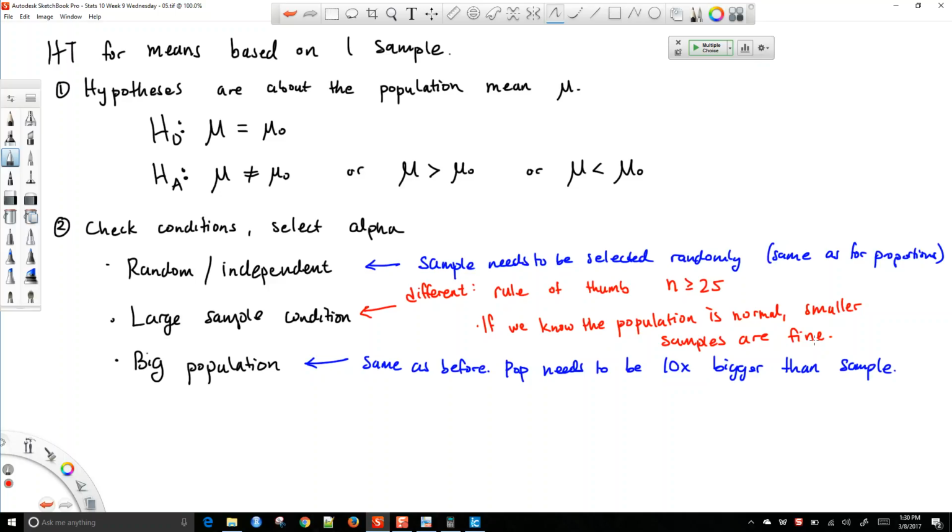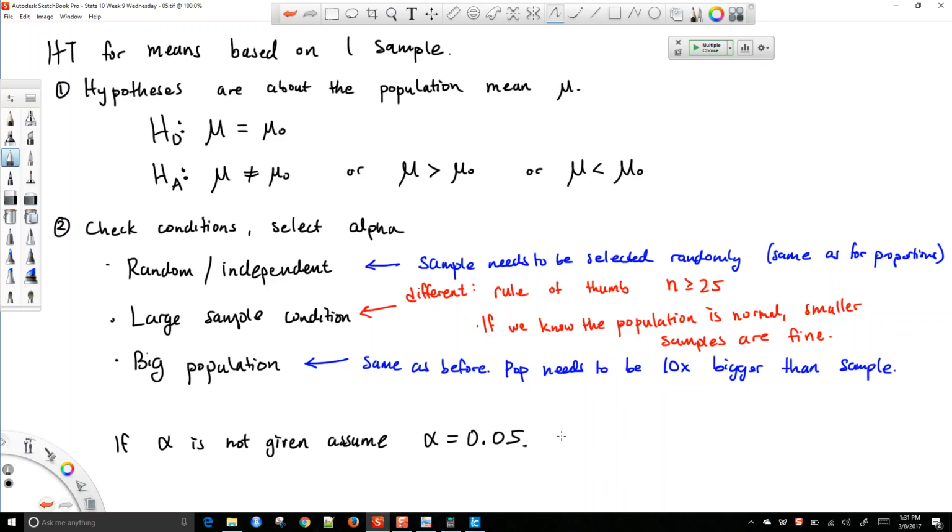Okay. All right, alpha, that works the same way as before. Okay. If alpha is not given, assume alpha is equal to 0.05. Okay. But we also spent Monday talking about whether in the context in which we want a large alpha or a small alpha, right?